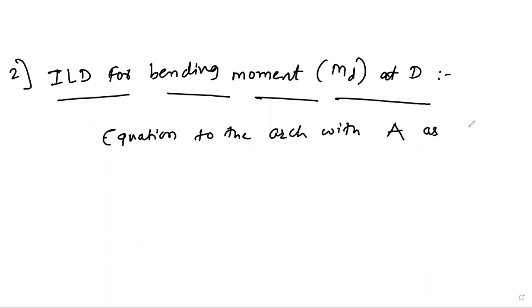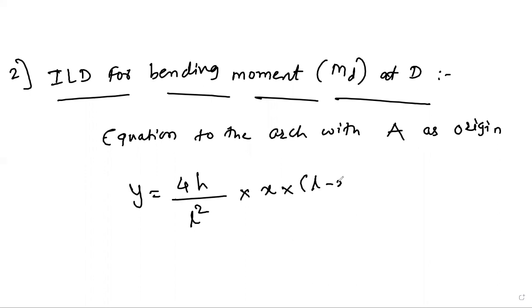In case of a parabolic arch, that is a two hinge arch, y is equal to 4 times h divided by L square into x multiplied by L minus x. This is the equation.